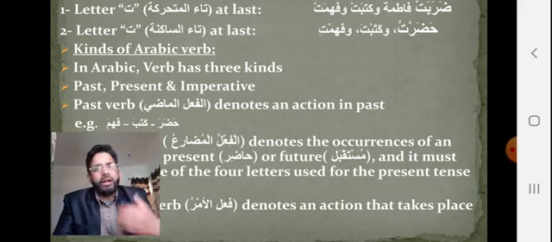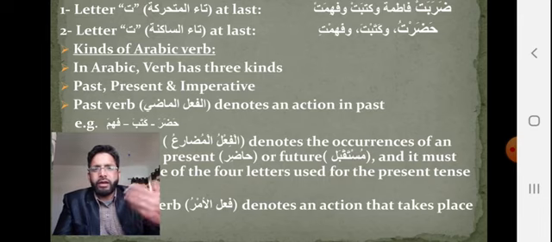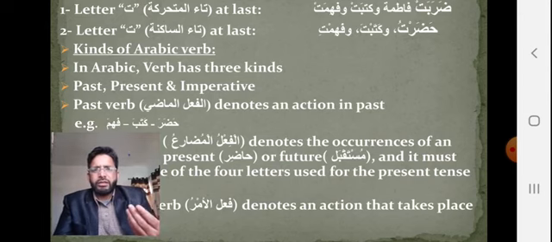Contextually, we understand when it is used for present and when for future. But commonly, we use the present tense, fi'l mudari in Arabic, for present or current meaning.